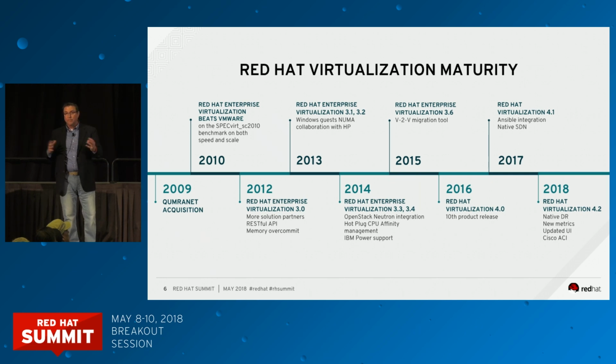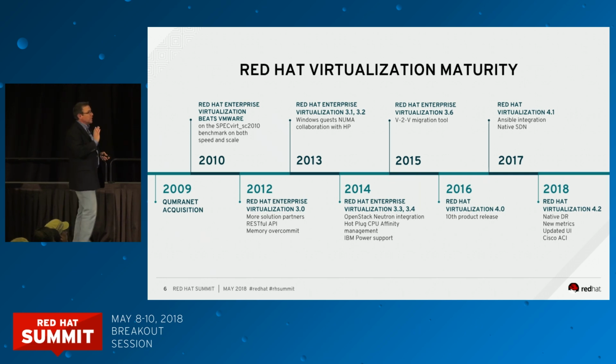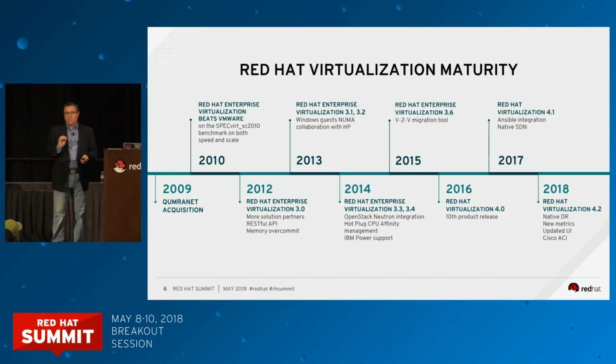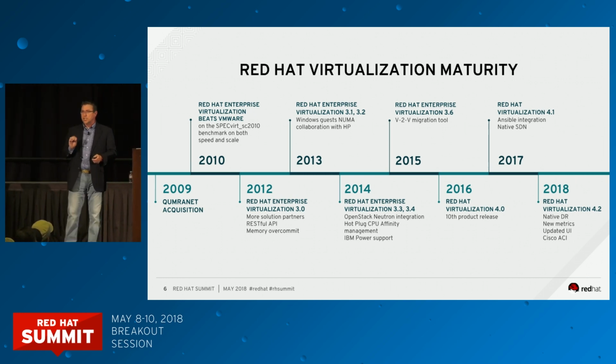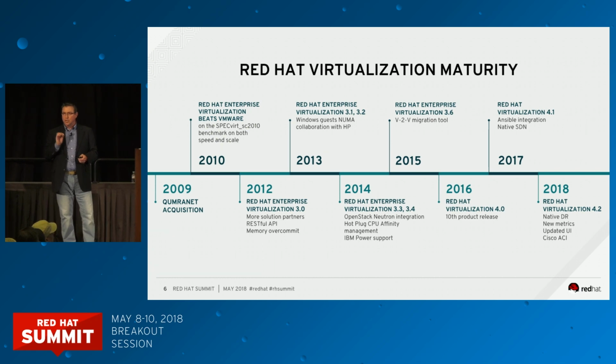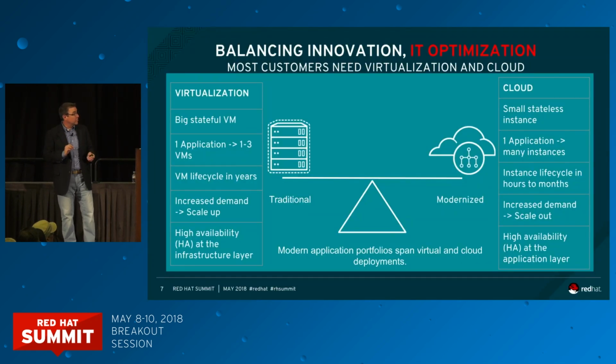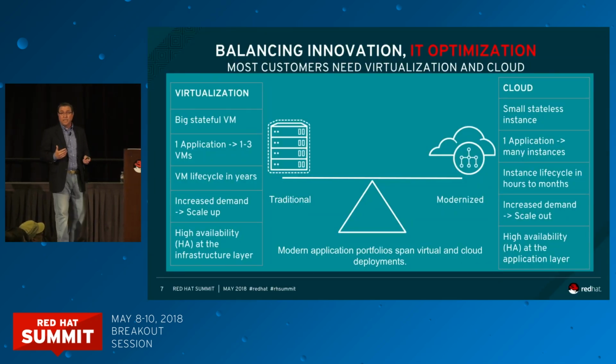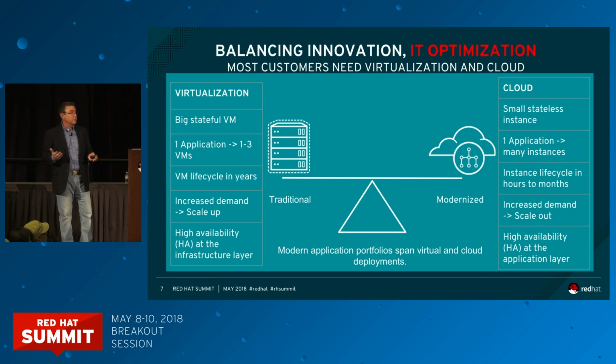Notice I'm going to Rev every time, not the other way. But just know that when you hear Red Hat Virtualization, this is a very, very solid piece of software. It's been around a long time. We have many customers that use this on a daily basis to manage their businesses.